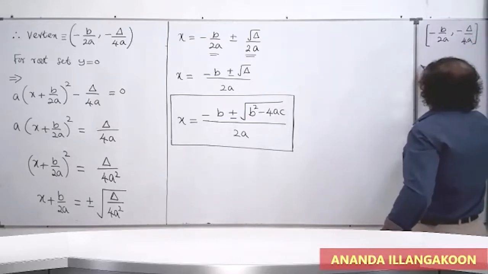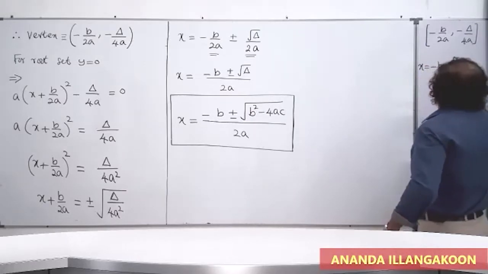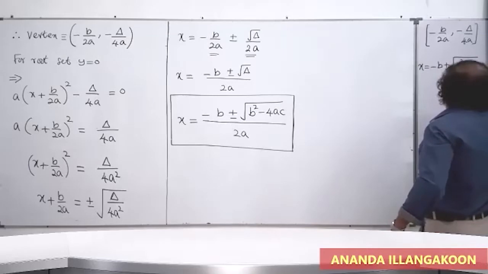And the roots are given by x equals minus b plus or minus the square root of b squared minus 4ac, divided by 2a.